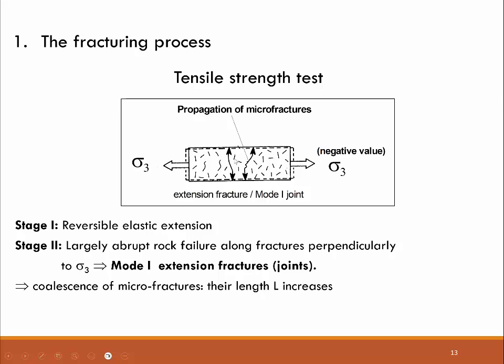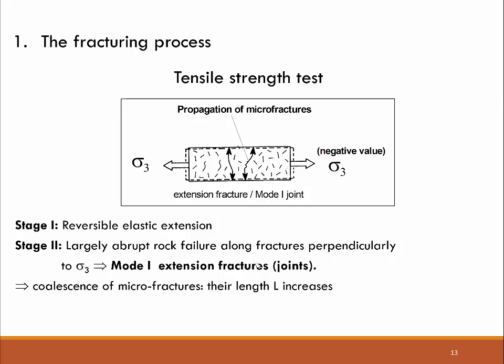And such microfractures would grow and eventually coalesce. That means they will merge, they will combine their length, and this is a process that can be self-enhancing and suddenly leads to rock failure.